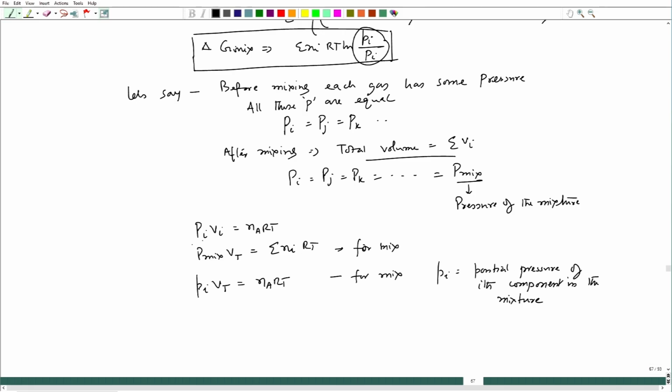So, in fact, if we try to look at this equation, this is before mixing. So, we can actually show whether this has to be taken. So, total volume, let us say I am taking total volume as Vt. So, we can prove whether this P mix would be equal to the individual gas pressure before mixing. So, let us say there are 3 gas components or 2 gas components. So, let us say A and B, these are the 2 ideal gases.